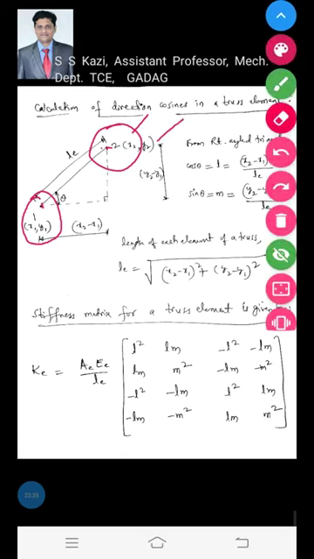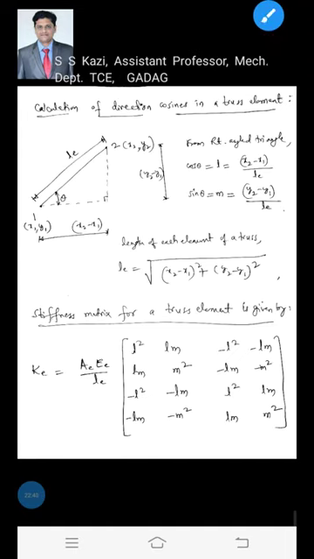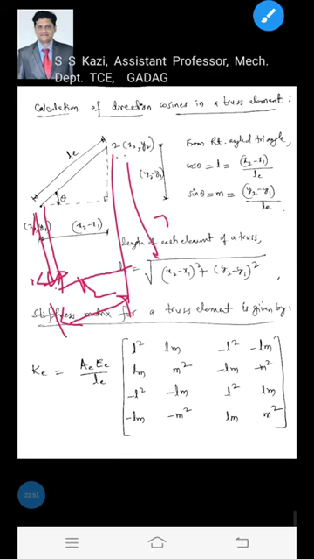Let us say the origin is here, and this is x1 and this is y1. For node 2, from the origin it is x2, and from the origin it is y2.